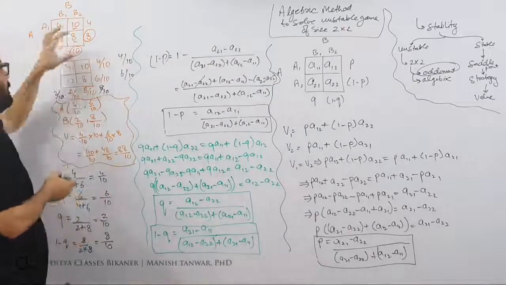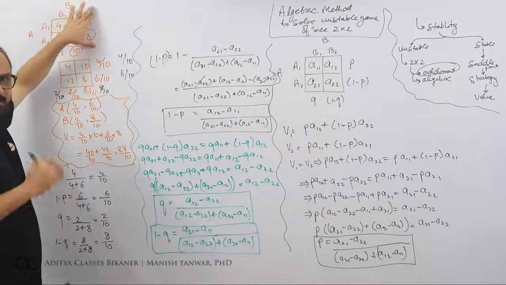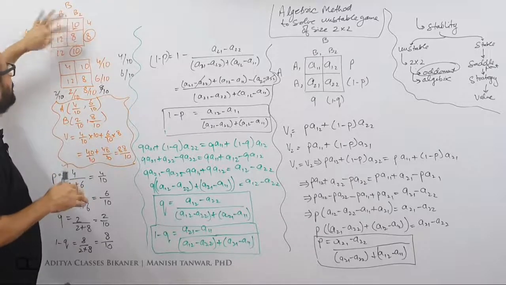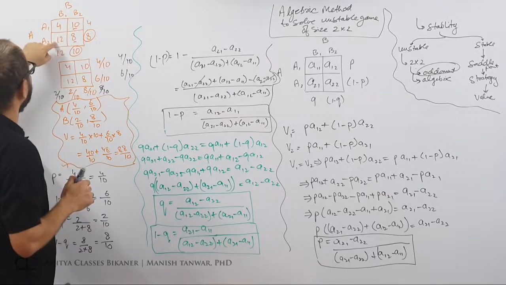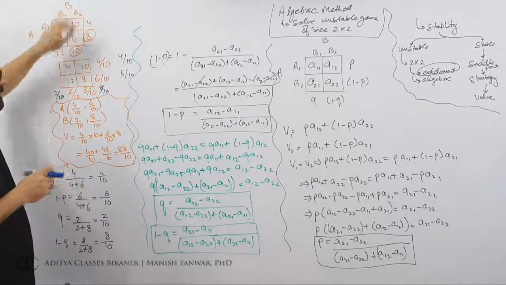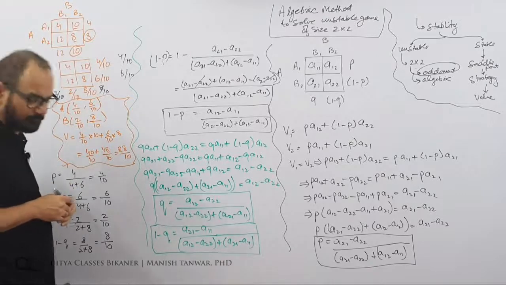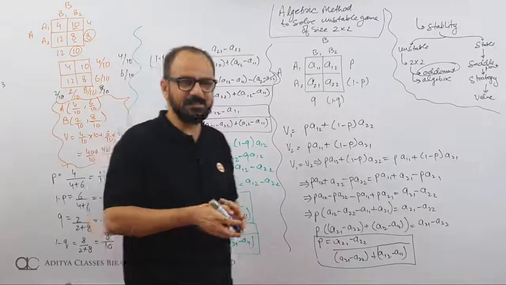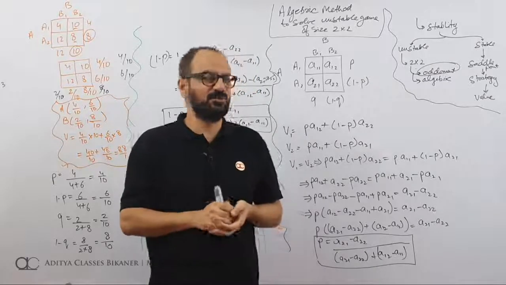It gives us a very quick check if we are on right path or not. The sums will always tell me that I am on right track. 4 plus 6 is 10, 8 plus 2 is 10.